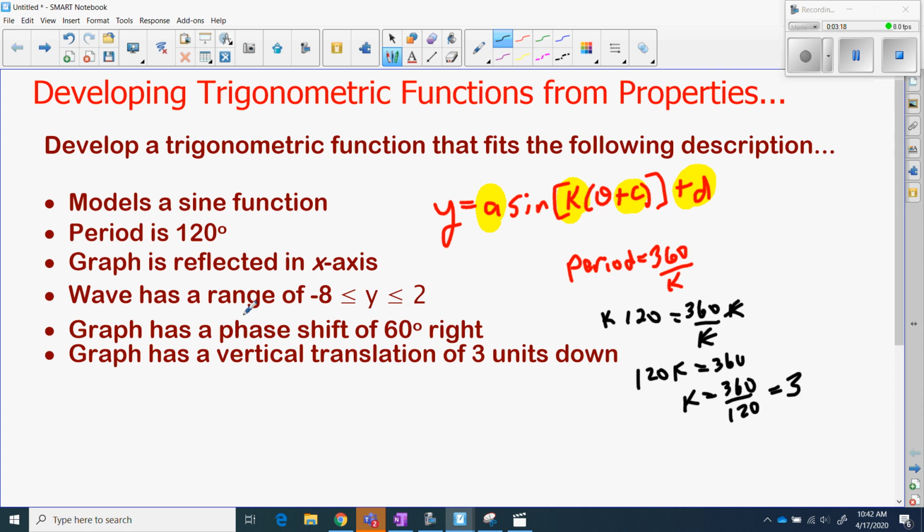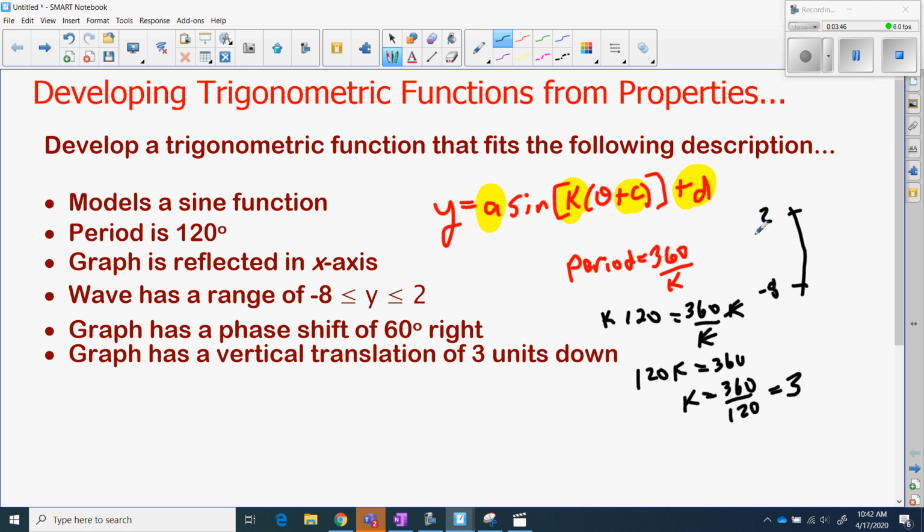The wave has a range of -8 to 2. Now this is going to give us quite a bit of information. We know the lowest point, and we know the highest point. So this wave is going to go between -8 and 2. From that, I should be able to figure out two things: where the middle of the wave is, and how wide the wave is going to be in total.